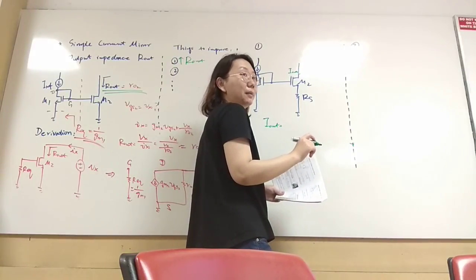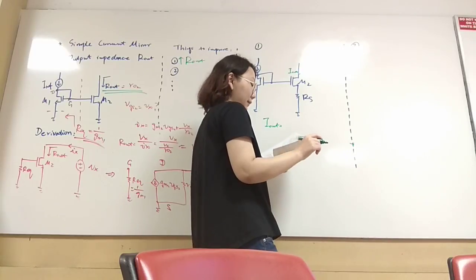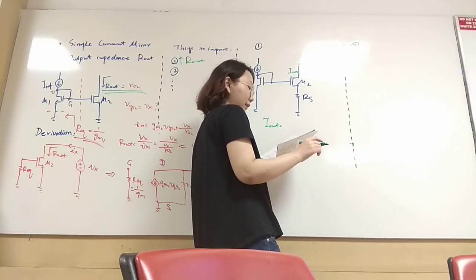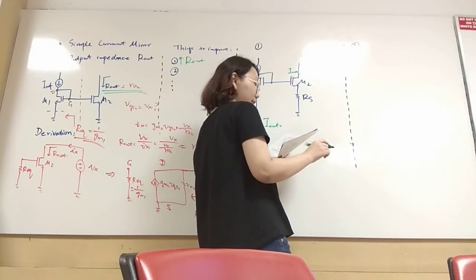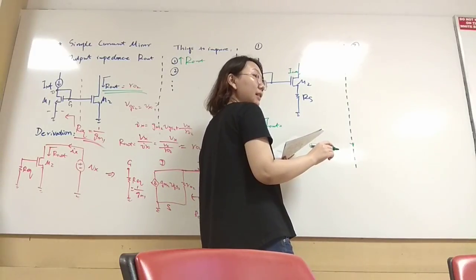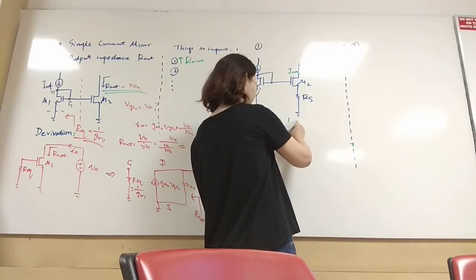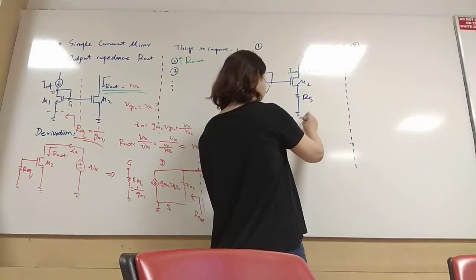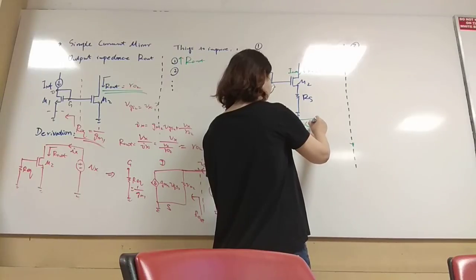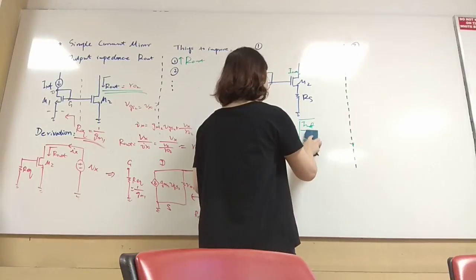It's a long equation, something involving VGS1 minus VGS2.